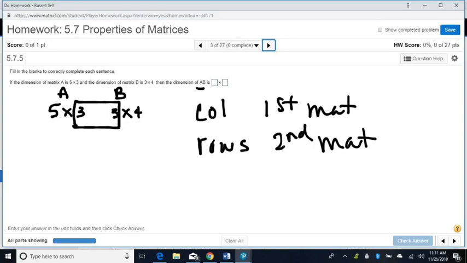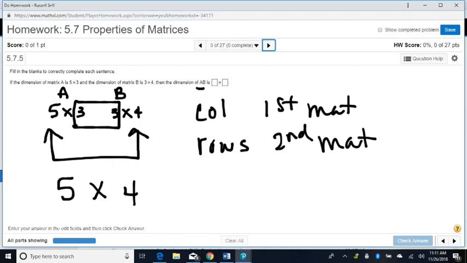Okay? Now, we can also always tell what size the answer is going to be by looking at the outside numbers here. So that's a 5, that's a 4. So once I multiply these two, well, they don't even give us a matrix here, but once I multiply those together, and then combine all those products, the answer I would get would be a 5 by 4 matrix. Okay?